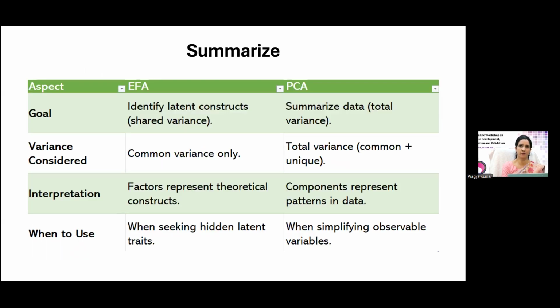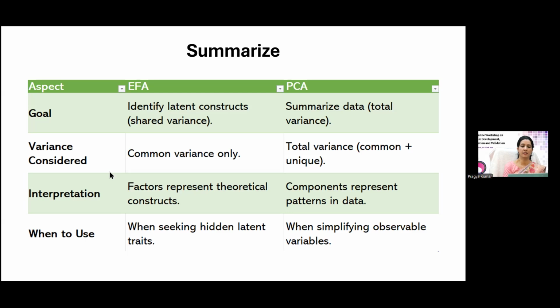If I have to summarize, there is EFA and PCA. The goal of EFA is to identify latent constructs, working on shared variance, whereas in PCA my goal is to summarize the data, meaning reduce the dimension, so it works on total variance. In EFA, the variance considered is common variance only; total means it is not partitioned, and here it doesn't partition.